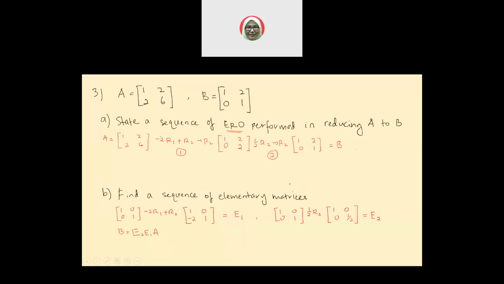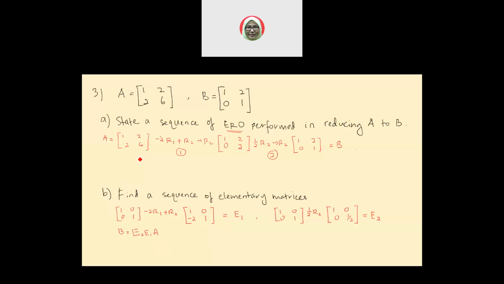Right, next, question number 3, given A and B, 2 by 2 matrices. Now 3A, state a sequence of elementary row operations used in reducing matrix A to matrix B. Let's do this.